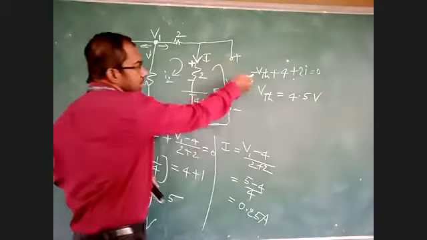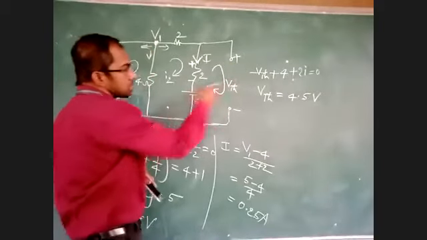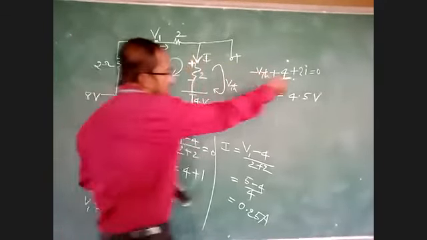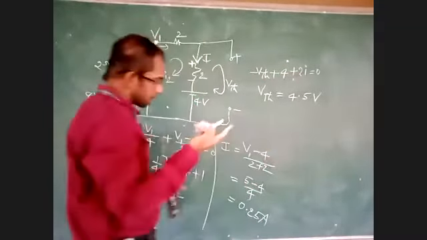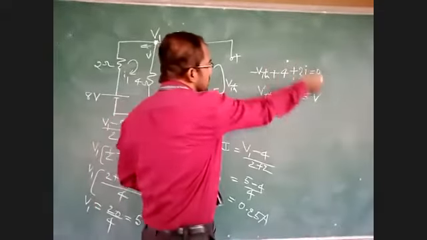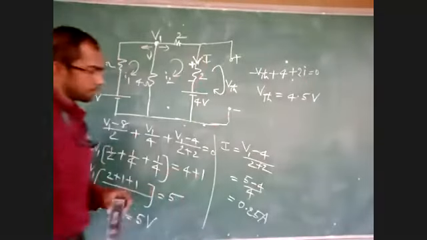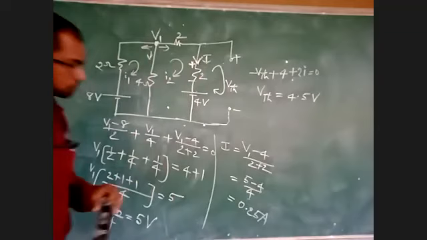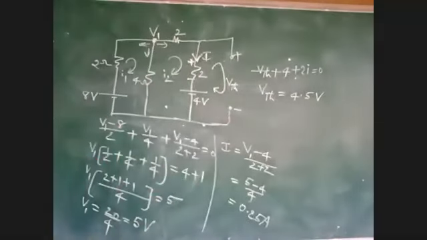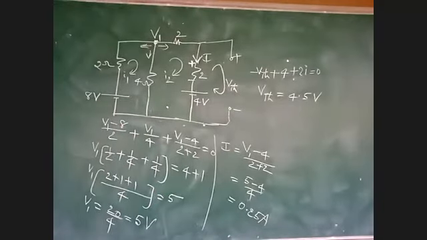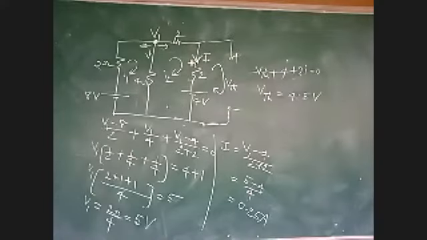From plus 2 minus VTH, minus 2 plus, minus 2 plus. Then what do you do? If VTH comes to that side, 4 plus 1/2, plus 1 will get. Not getting? What is your doubt? Is it clear? Yes, sir. Okay.